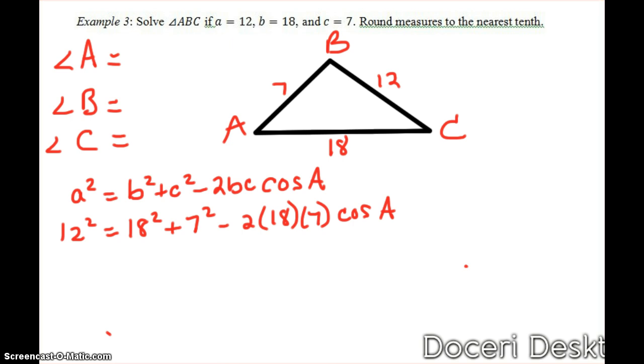I get 144 equals 324 plus 49 minus 2 times 18 times 7.